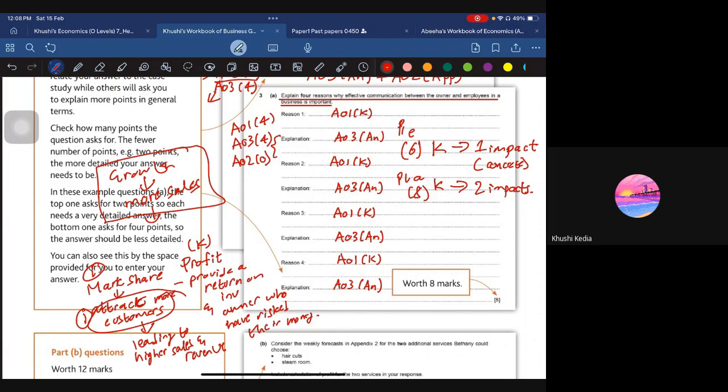But what sort of problem can occur here, where the candidate is not being able to get the full marks for the two impacts? What could be the problem? The analysis is not right. Yeah, that is one case that can also happen here.